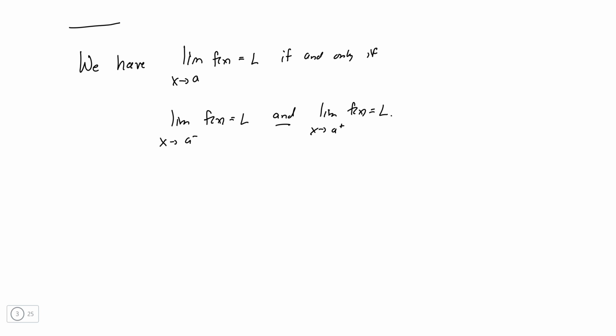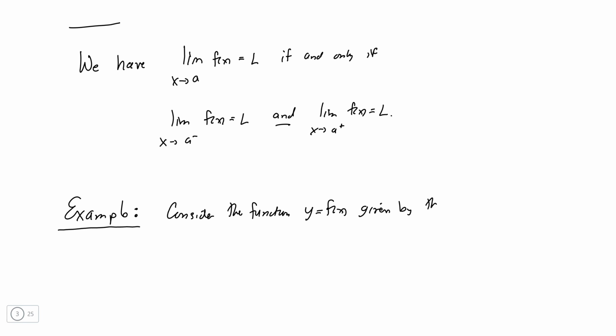So let's go ahead and try another example, kind of reinforcing this idea of left and right-hand limits. So let's consider the function y equals f of x given by the graph.